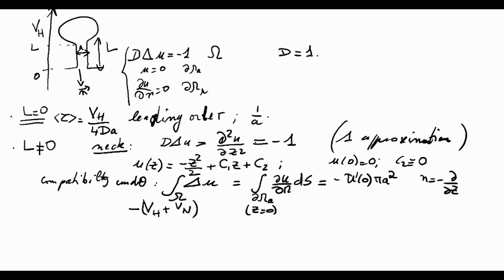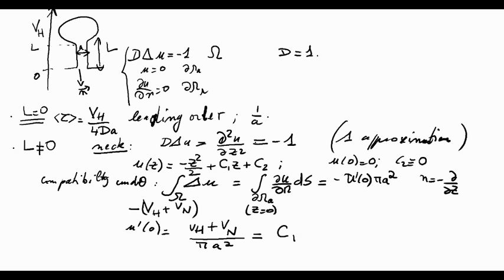Right, so finally what we get for u prime 0 equals the volume of the head plus the volume of the neck divided by pi a squared. And by definition, this is just equal to c1.